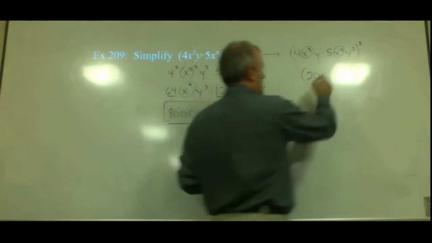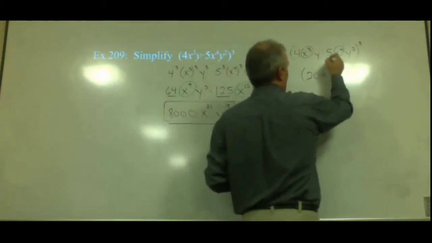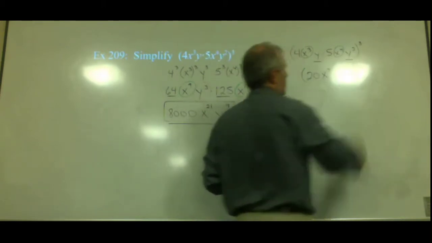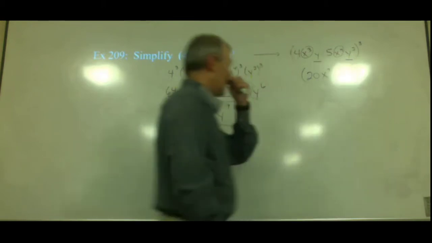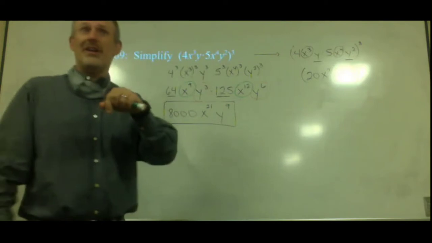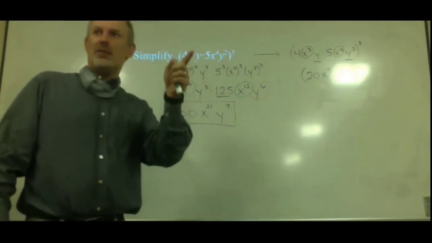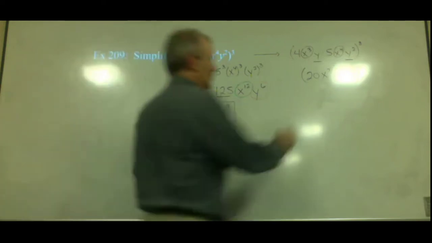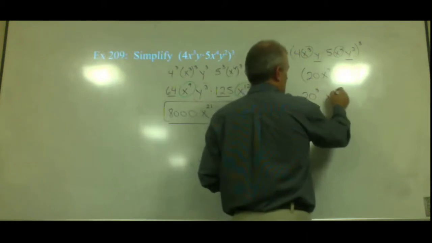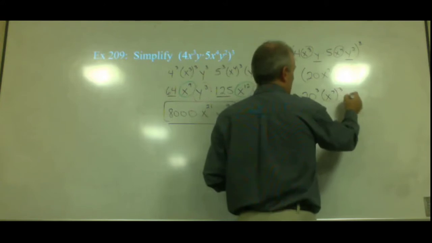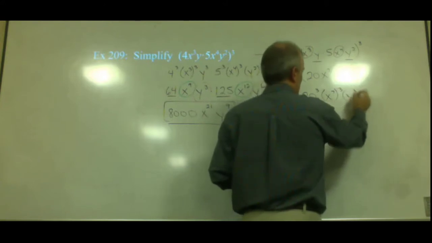X to the 7th. And then we've got a y and a y squared. What does that give us? Y cubed. All right. Well, now we've done the simplifying inside. Now what should we do with the 3? Apply. So 20 cubed, x to the 7th cubed, and y cubed, cubed.